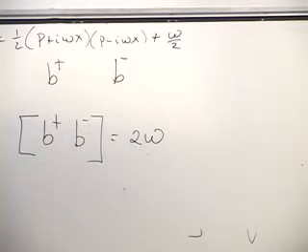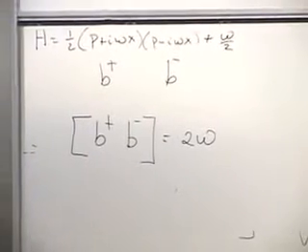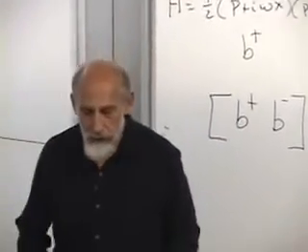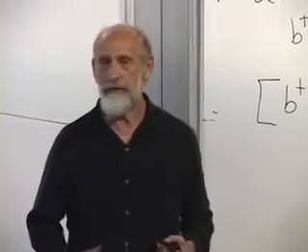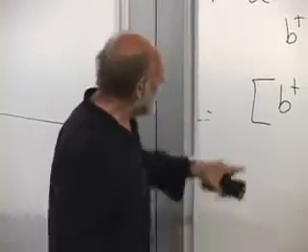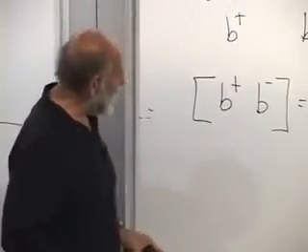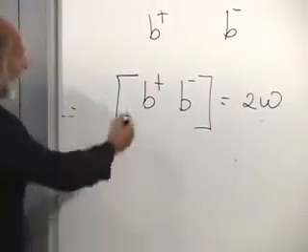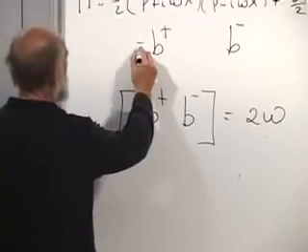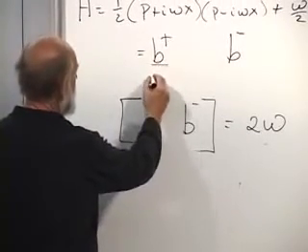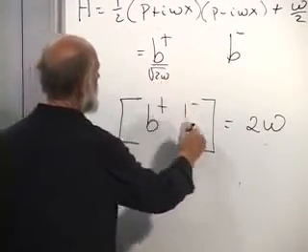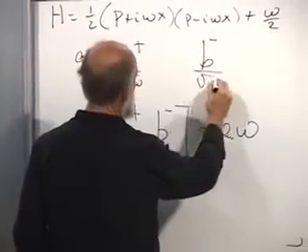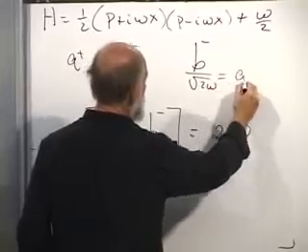All right, it's perfectly okay to operate with B plus and B minus. It's a matter of definition and a matter of history and a matter of convention to divide B plus and B minus by the square root of 2 omega and call the result a. So B plus divided by square root of 2 omega is called a plus, and B minus over square root of 2 omega is called a minus.